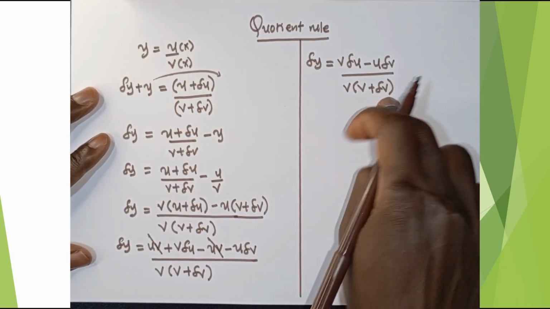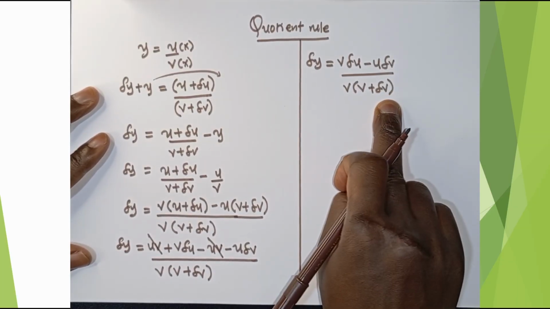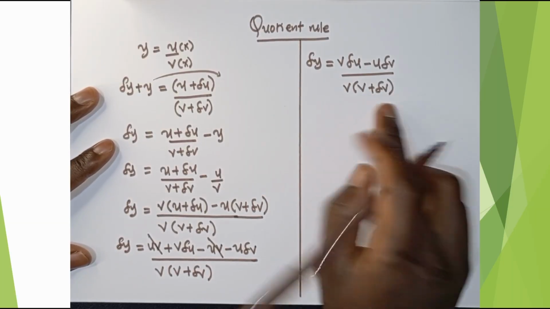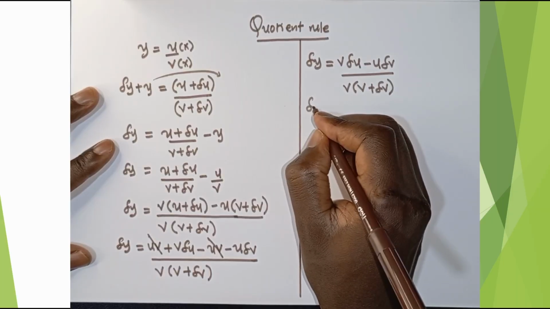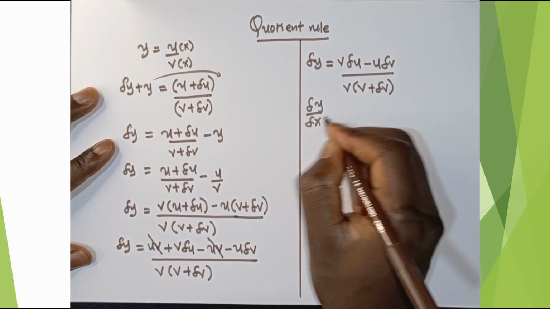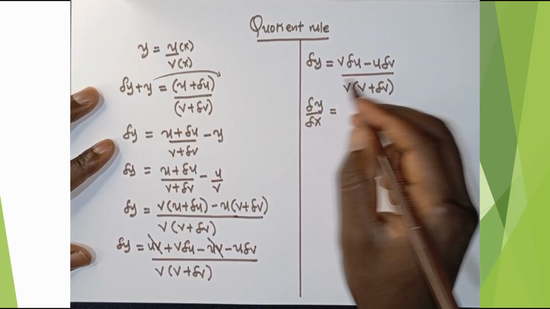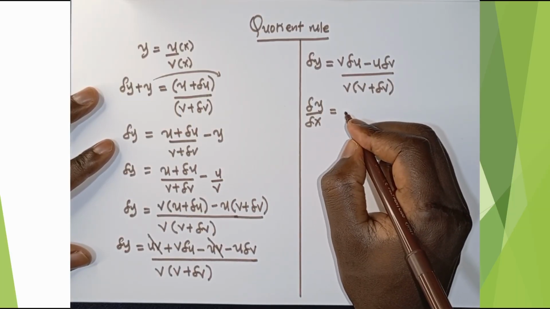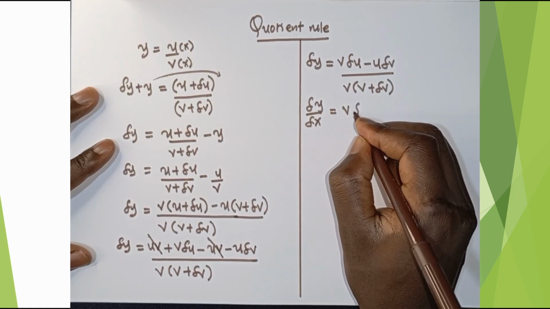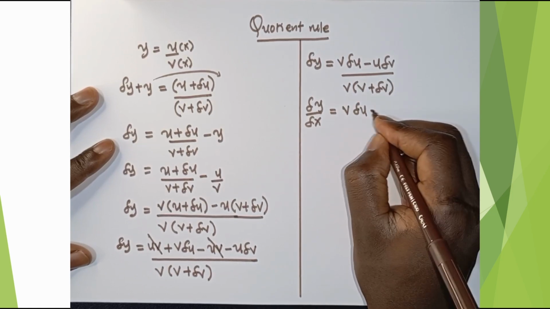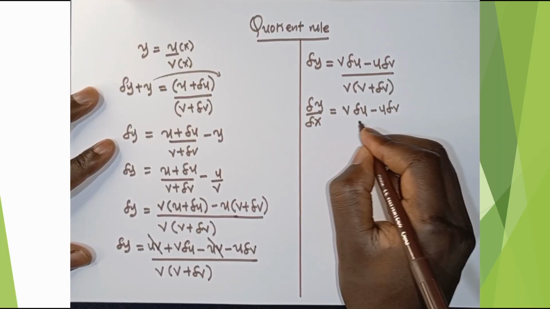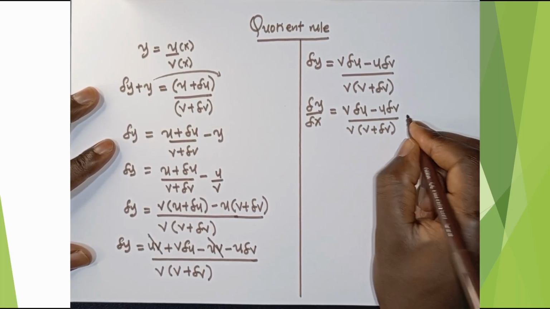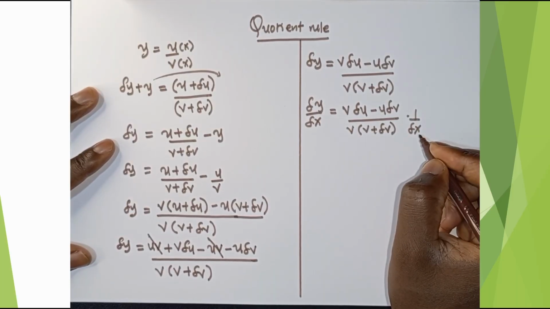So delta v is change in v. Now, if we divide everything throughout by delta x, we shall have delta y out of delta x is equal to v delta u minus u delta v out of v into v plus delta v, but we have divided it through by delta x.